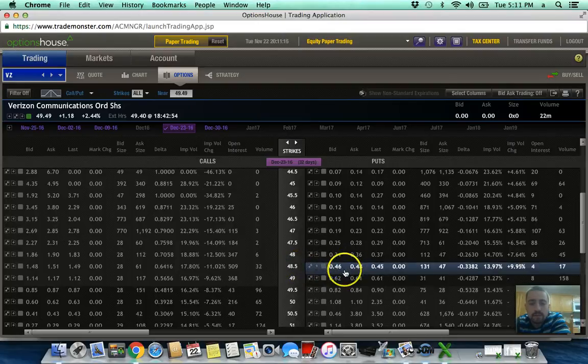But remember, I got paid $47 for each contract, so it actually lowers my cost to around $48 per contract, if that makes sense. And if you actually do get called out, then you own the stock, which most people want to own anyway. So this is actually a tricky way to get paid before you have to own it, and buying it at a discount.